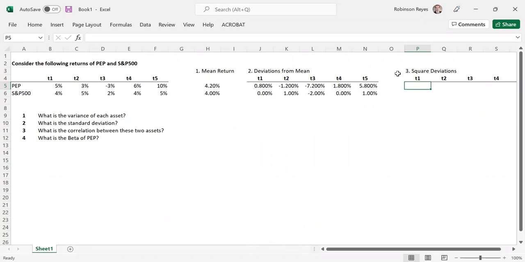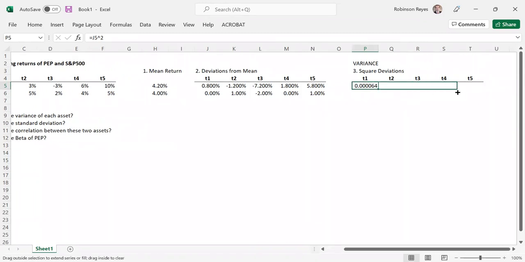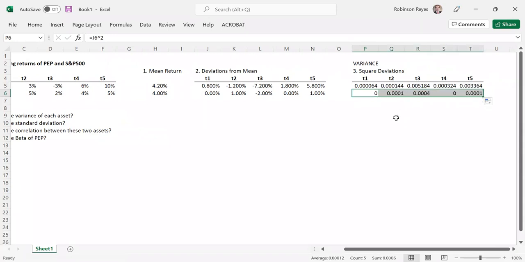So when we are calculating variance, now we need to get the square of the deviations. This is a very simple step because we just need to square the deviations here. And then we can move this to the right, and we do the same with the deviations of S&P 500. And now we have all the deviation squares.